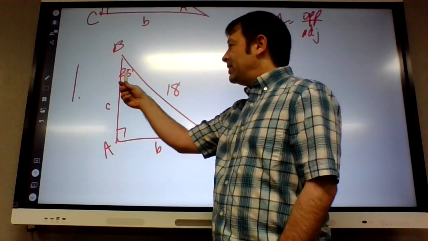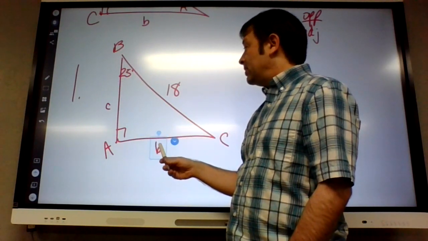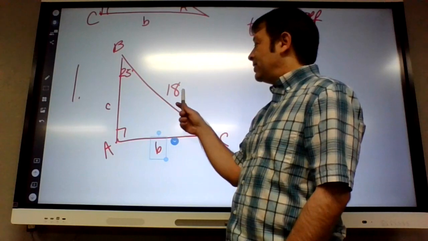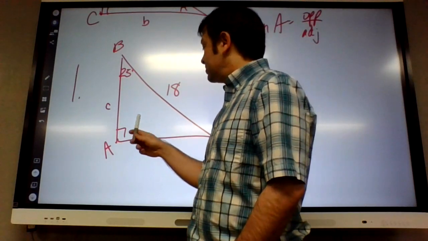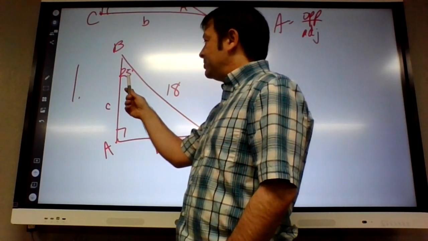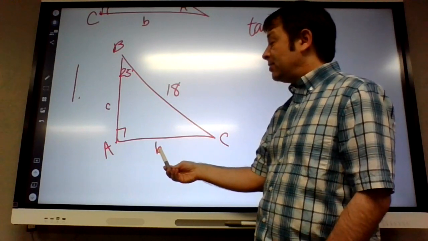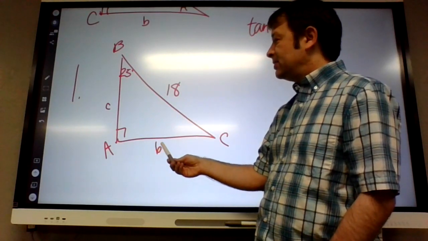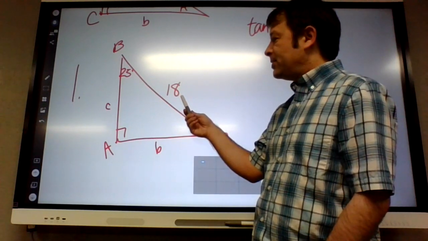Okay, start with an angle that you know, and then a side that you're looking for, and a side that you know. You can only have one variable to solve these. So relative to 25 degrees, what is this side that we're looking for called? Opposite. And the side that we know already is called the hypotenuse.